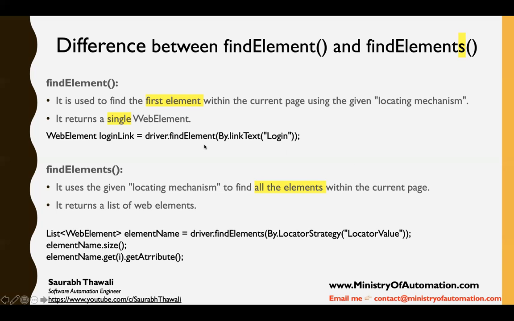Whereas here, I think I wrongly said that it's going to throw an error, but it's not going to throw an error. It will basically return you the first element it finds, the 0th index, based on that technique. Even if there are more than one, it's not going to tell you that. It will straight away send you the first element it finds with that particular matching locator technique, right?